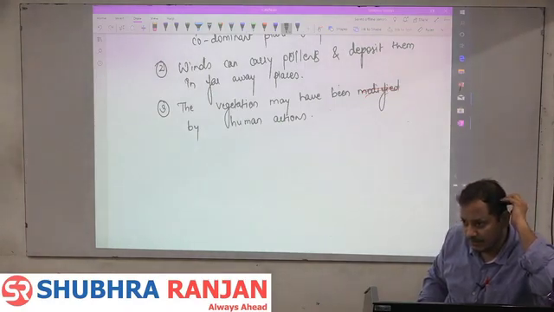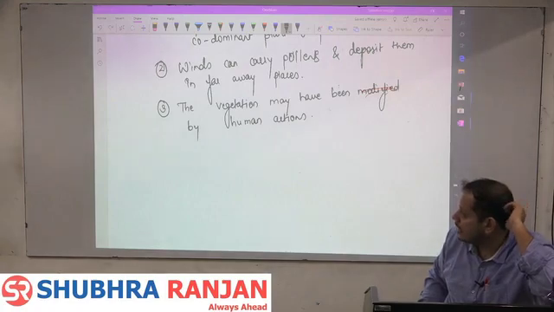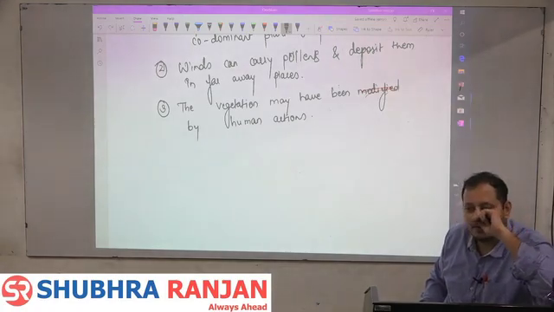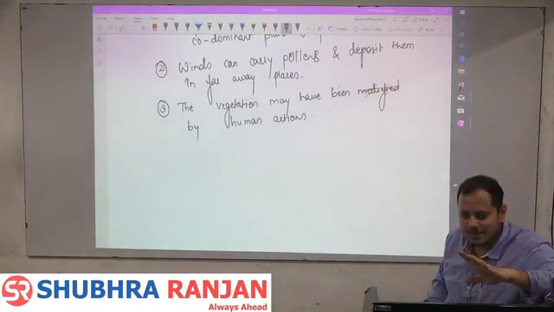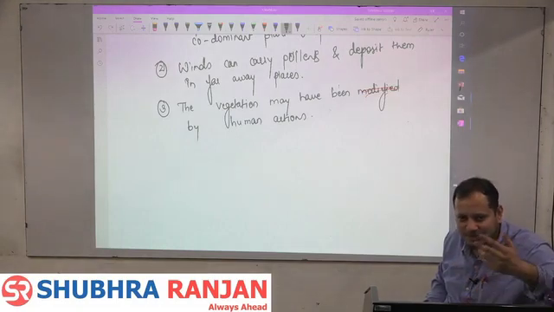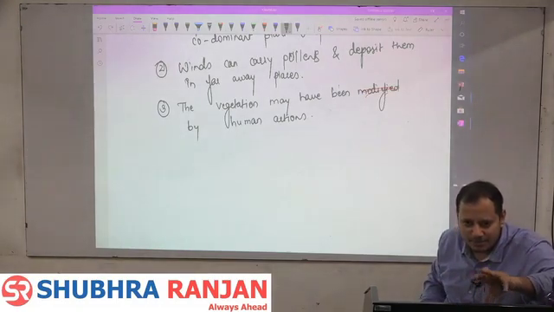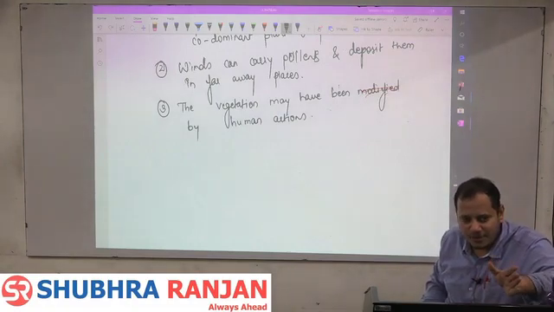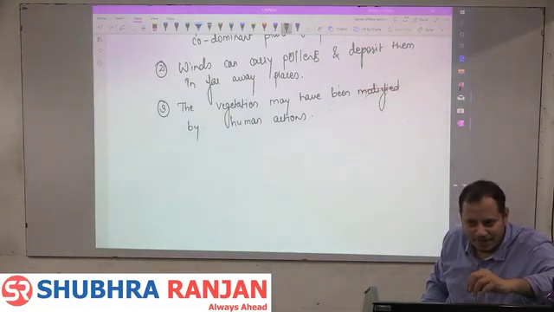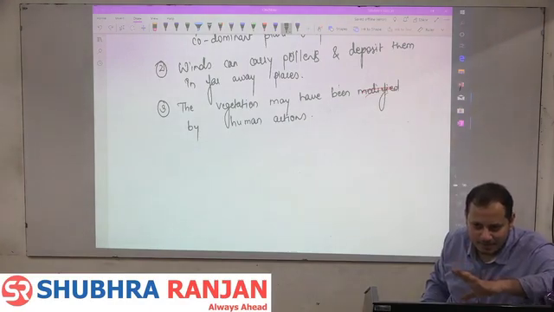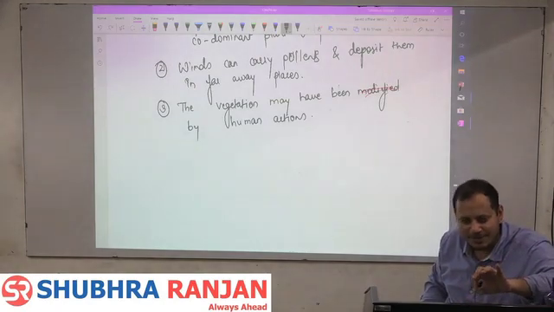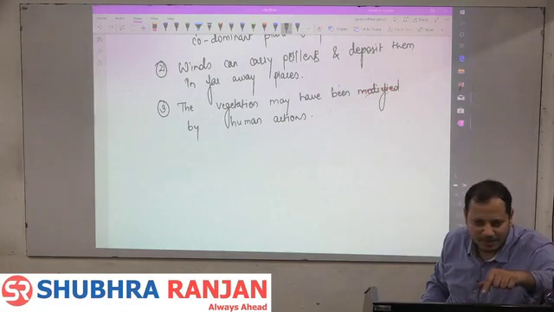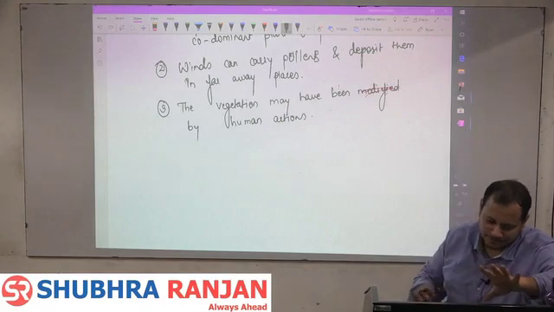Example, if in the past human beings brought some plant from outside and started a plantation, and then we are studying the plantation, that gives us a wrong indication that this was the climate. Example, we have brought in so many palm trees from Africa and cultivated them along the Himalayas. Suppose something happens to the Himalayas, and after thousands of years somebody is doing pollen analysis in the Himalayas, he will come to a wrong conclusion that the Himalayas had an equatorial type of climate. Getting it? This is a limitation.